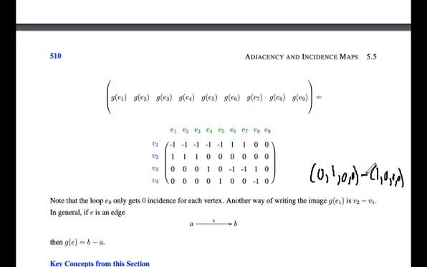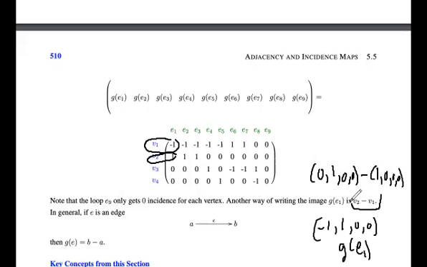And then if you subtract these two, notice you end up getting -1, 1, 0, 0, which is the same as this first column, which is G of E1. You could have gotten that by just thinking there's a 1 here, so let's attach that with V2. There's a -1 here, attach that with V1, and just write down simply in terms of the standard basis tuples, the image of E1 is simply V2 minus V1.